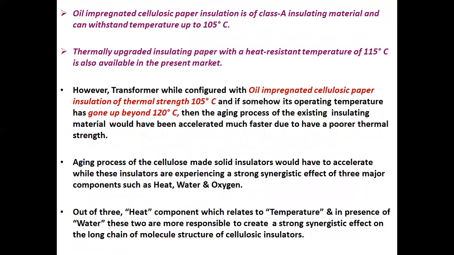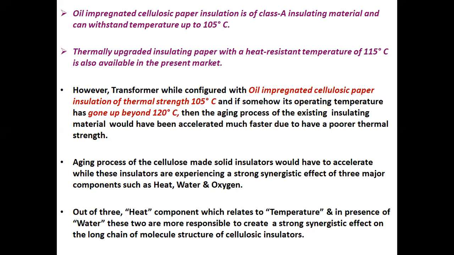Oil impregnated cellulosic paper insulation is of class A insulating material and can withstand temperature up to 105 degrees centigrade. Thermally upgraded insulating paper with a heat resistant temperature of 115 degrees centigrade is also available in the present market.